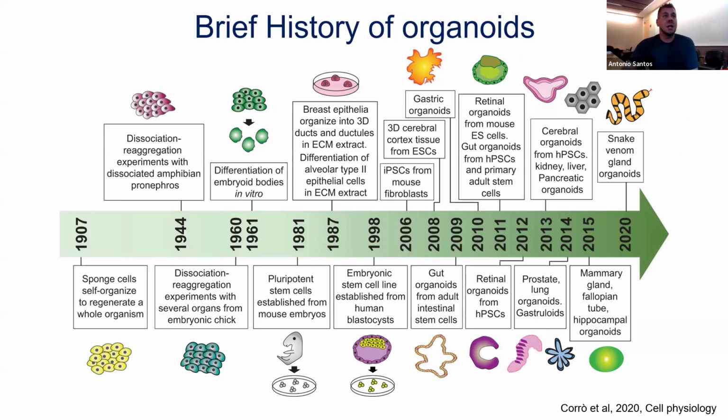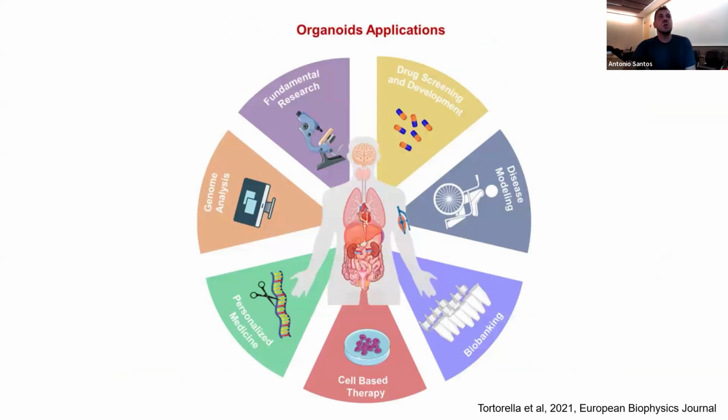Some people even made snake venom gland organoids, and these organoids can make venom, for instance. There are all sorts of kinds: brain organoids, mammary gland, prostate, lung, retina, liver. So we have really evolved into a much better system that we didn't have 10 years ago.